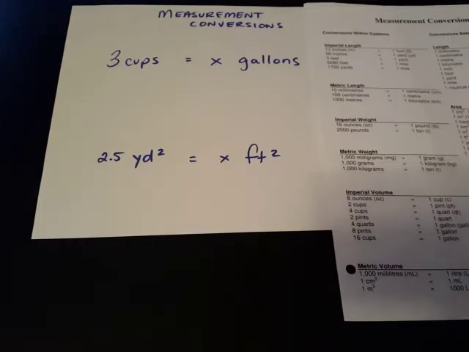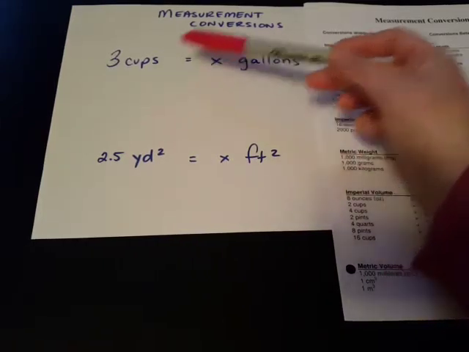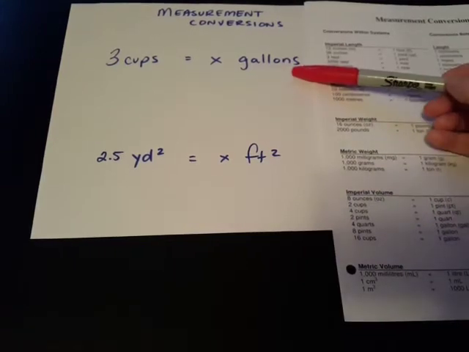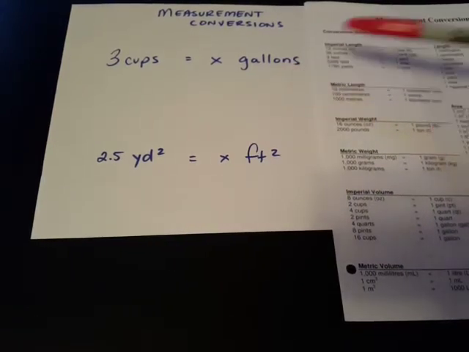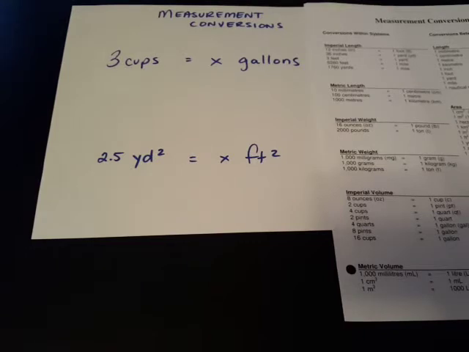Here we have an example where we have 3 cups and we want to know how many gallons that's equal to. So the way that I'm going to suggest is to use your conversion chart. Now, this is the same kind of chart that you're going to find in textbooks, in cooking books, in a wide variety of sources. But basically you want to find the 2 units, cups and gallons.